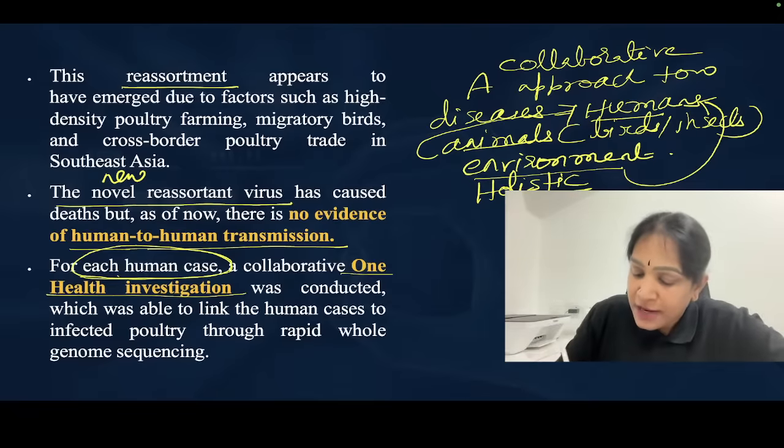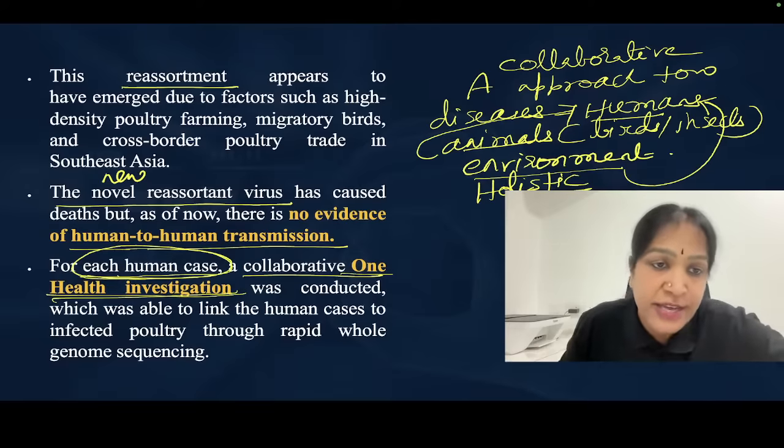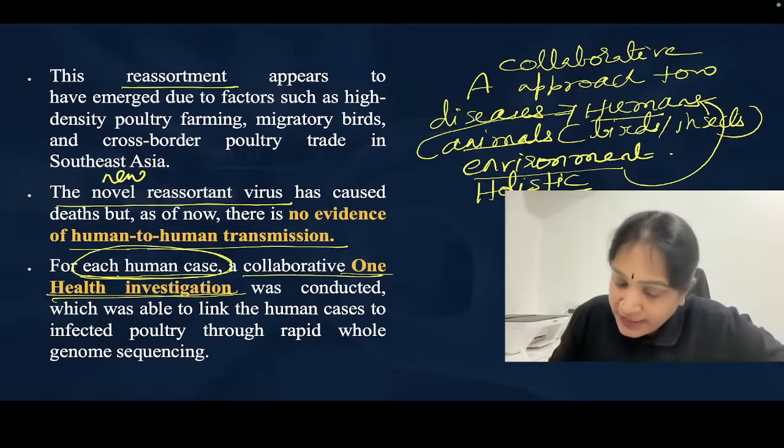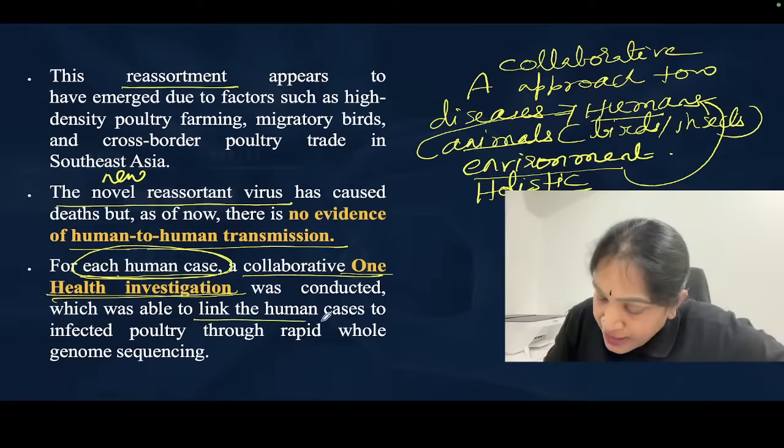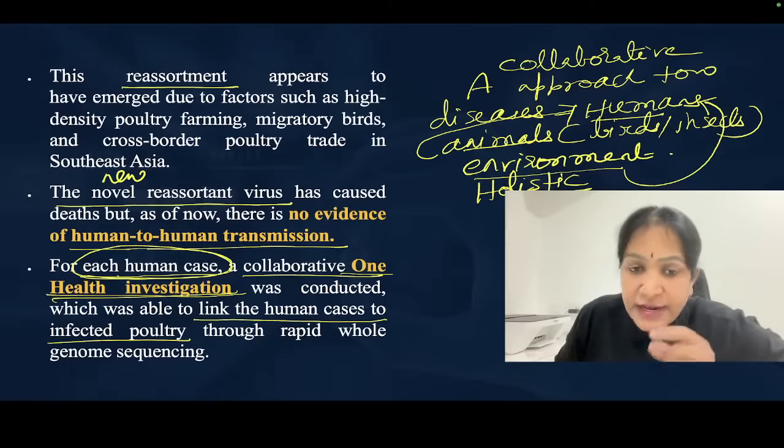So for each human case, they are doing a collaborative One Health investigation. It was conducted, which was able to link the human cases to the infected poultry.